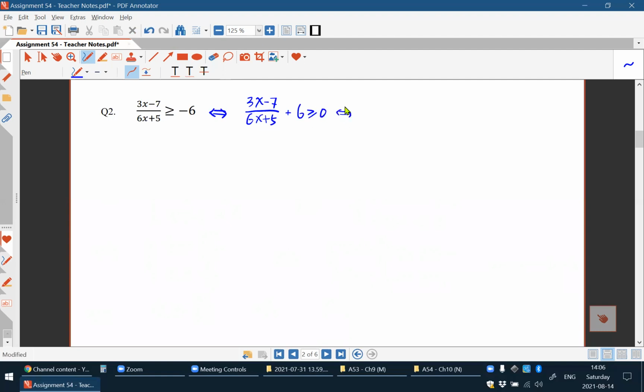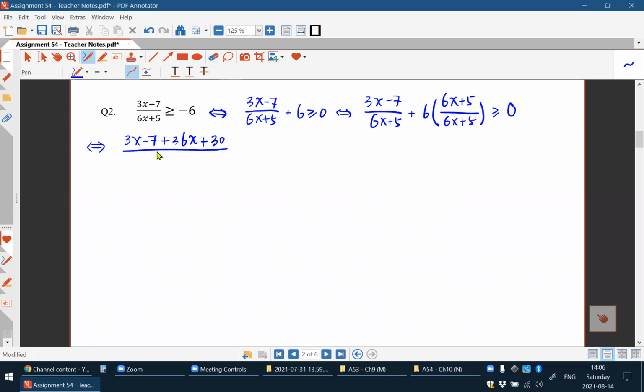This is equivalent to (3x minus 7) over (6x plus 5) plus 6 times (6x plus 5) over (6x plus 5) greater than or equal to 0, right? Which is further equivalent to 3x minus 7 plus 6 times 6x is 36x. 6 times 5 equals 30. Over the common denominator, which is 6x plus 5, should be greater than or equal to 0, right?